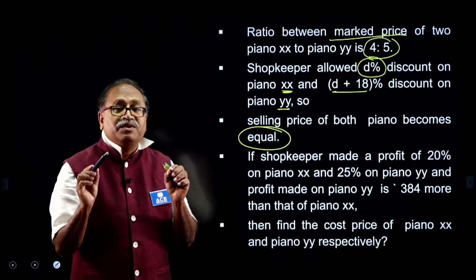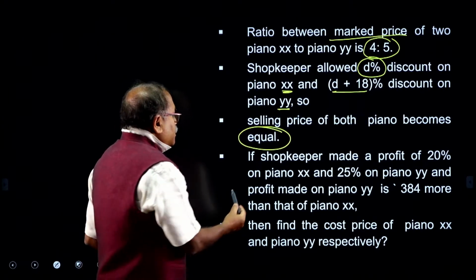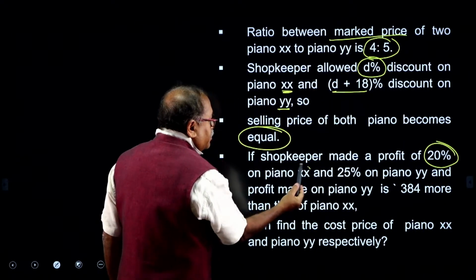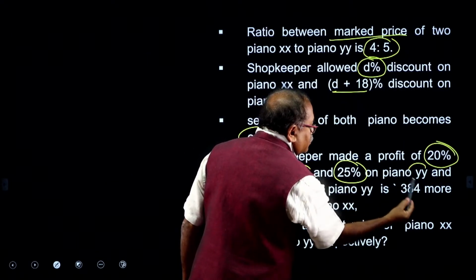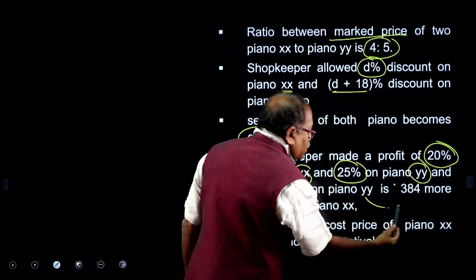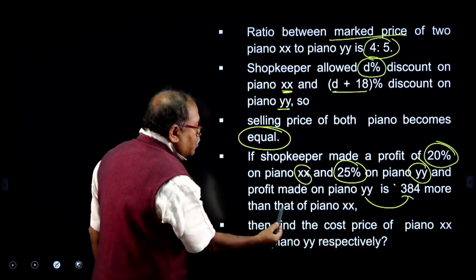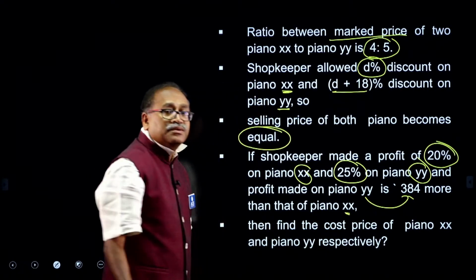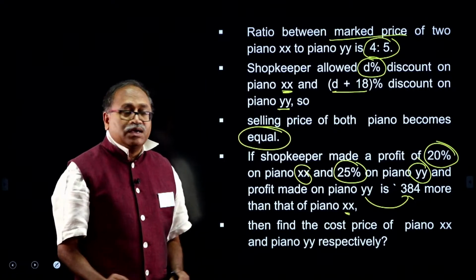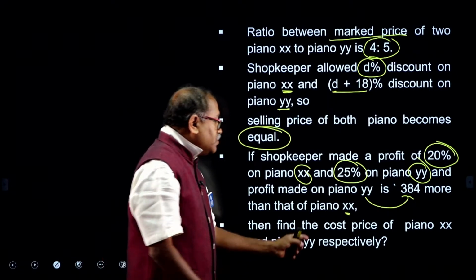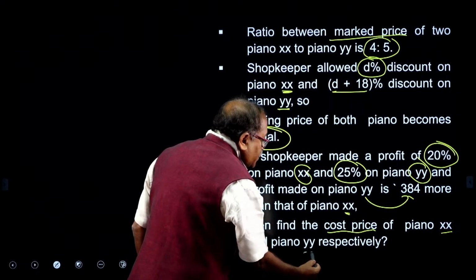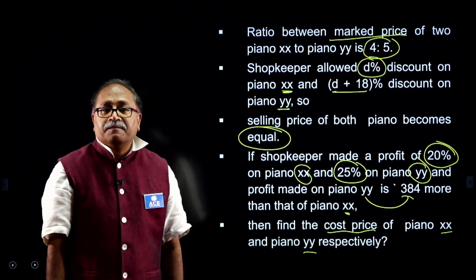One equation will be framed based on that. Next, the shopkeeper made a profit of 20% on piano XX and 25% on YY, and the profit made on piano YY is 138 rupees more than that of piano XX, then you are asked to find out the cost price of piano XX and the cost price of piano YY respectively.